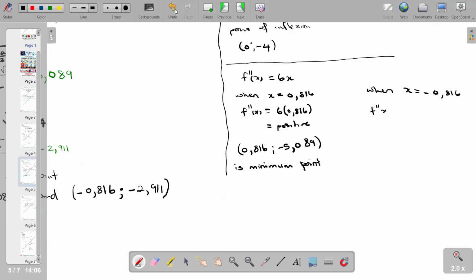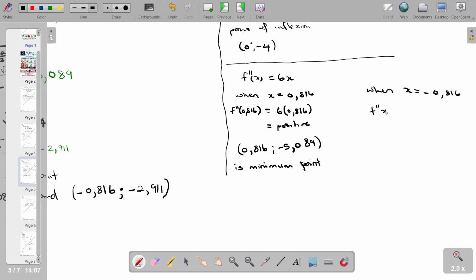Take note here. This one was supposed to be f of 0.816.